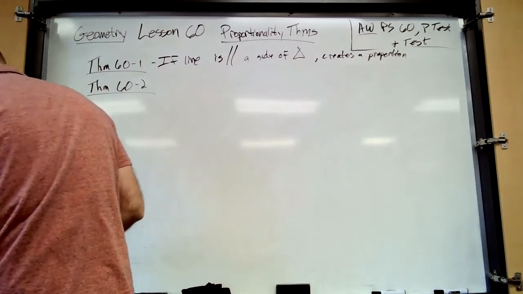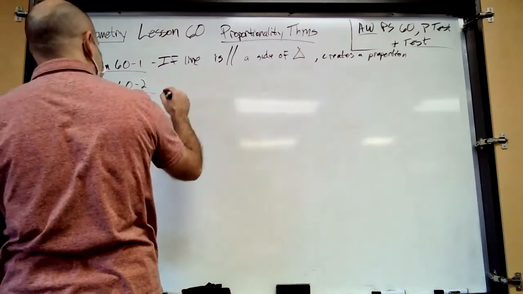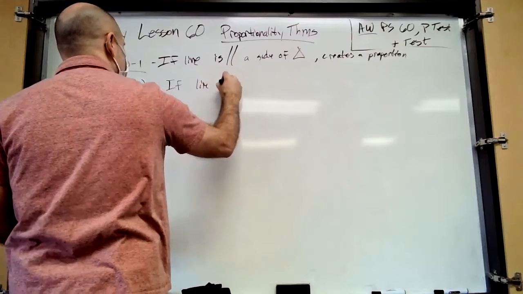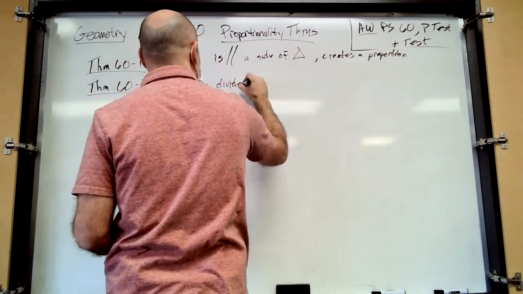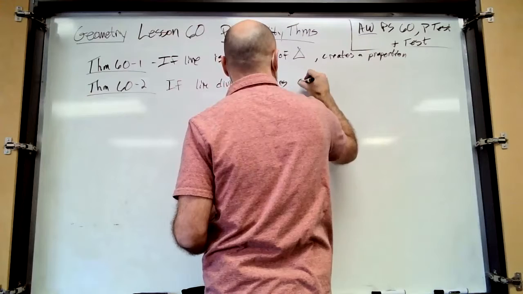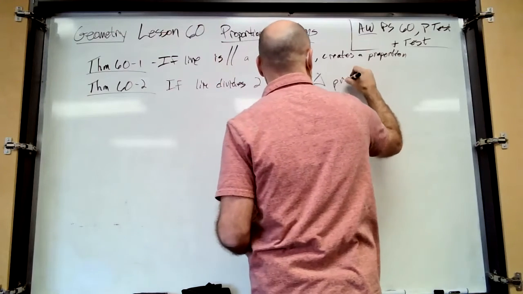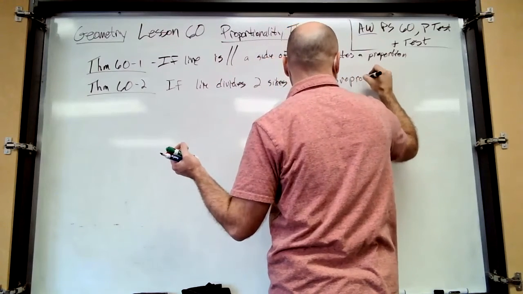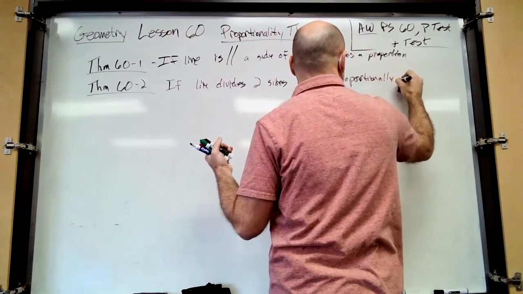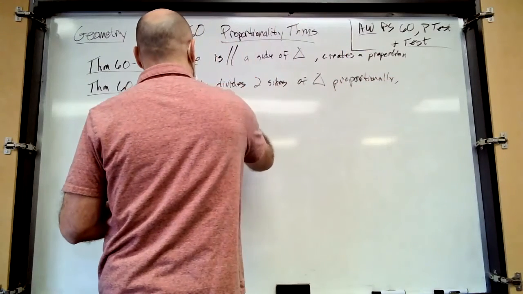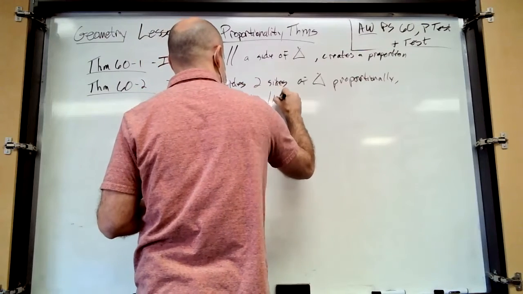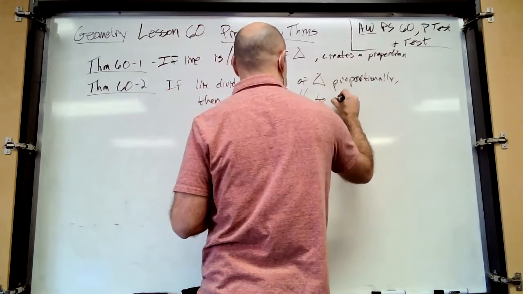If a line divides 2 sides of a triangle proportionally, or if it creates a proportion, then that line is parallel to the third side.